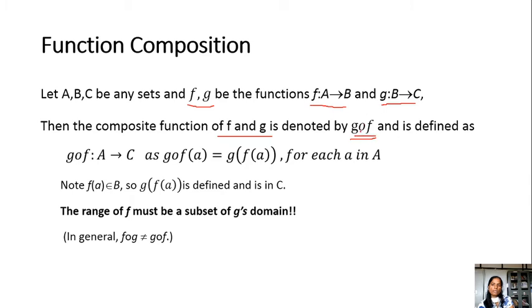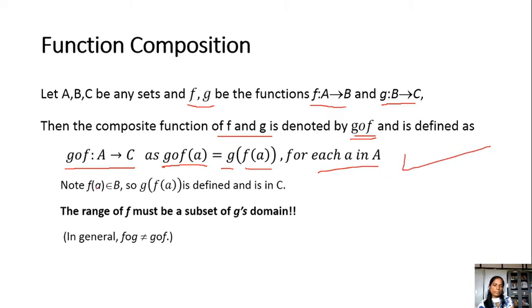You have to read this as g composite f, and it is defined as a function from set A to set C. To take the image of elements in A, g composite f operating on a is equal to g operating on f of a, for each small a in capital A. So this is the definition of composition.